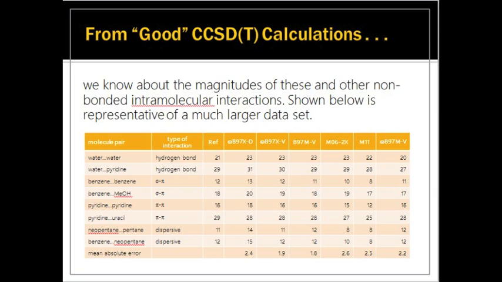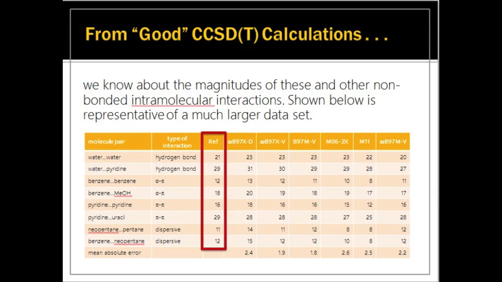You can see that they range from hydrogen bonding interactions that become order of 30 kilojoules to fairly small dispersive interactions that are a third of that. And the other ones, sigma-pi and pi-pi, are somewhere in between. Okay, if I look at a reference, these turn out to be coupled cluster theory, so these are really quite good.